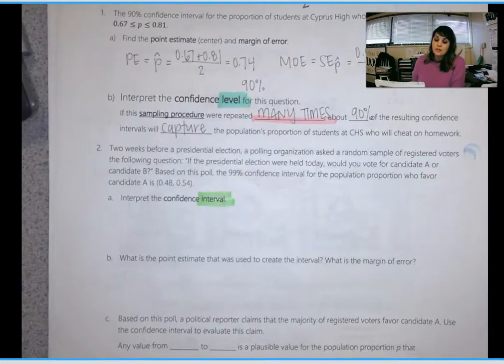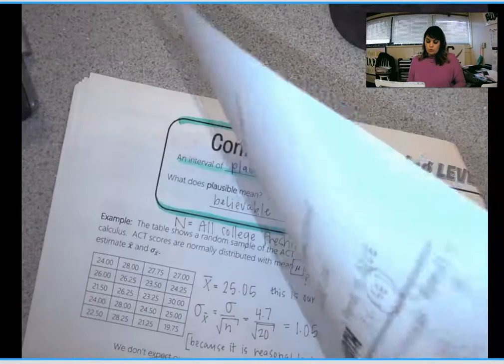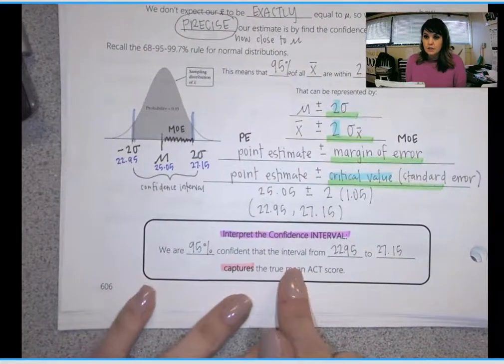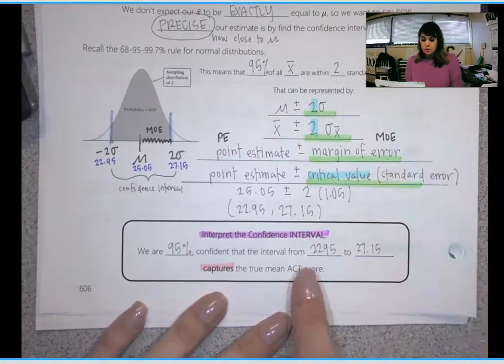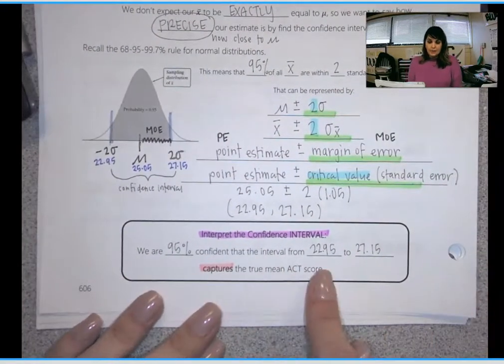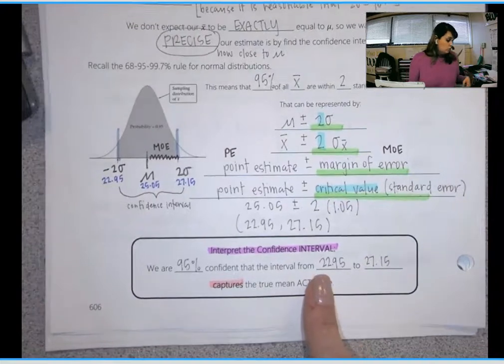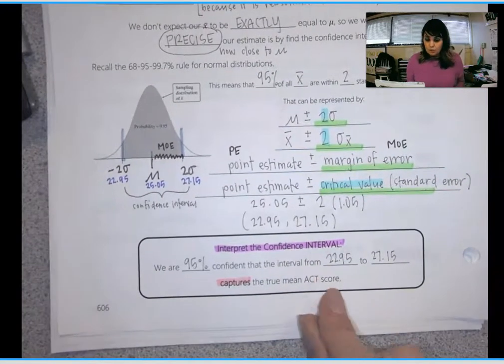Interpret the confidence interval. So you are using this box. So pause the video and use mine that I have here to write your confidence interval. Go. Do it. Pause the video. Interpret the confidence interval.